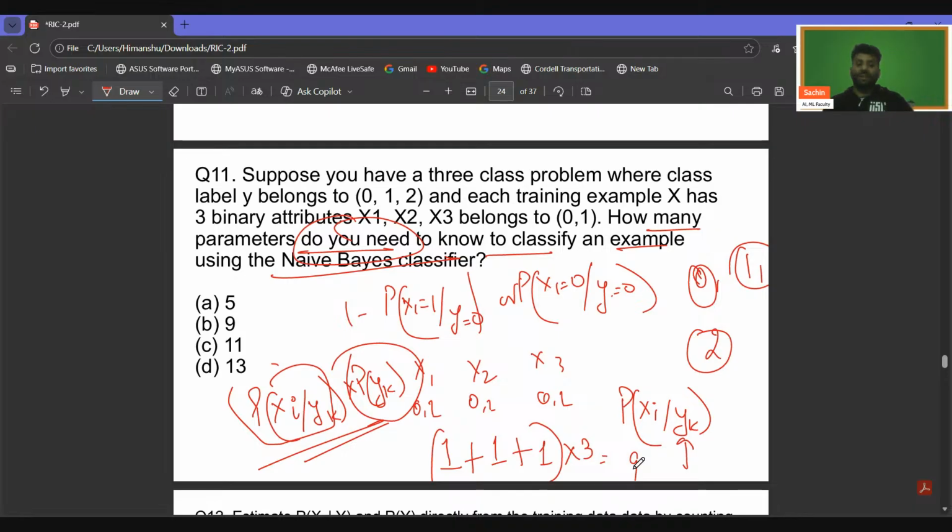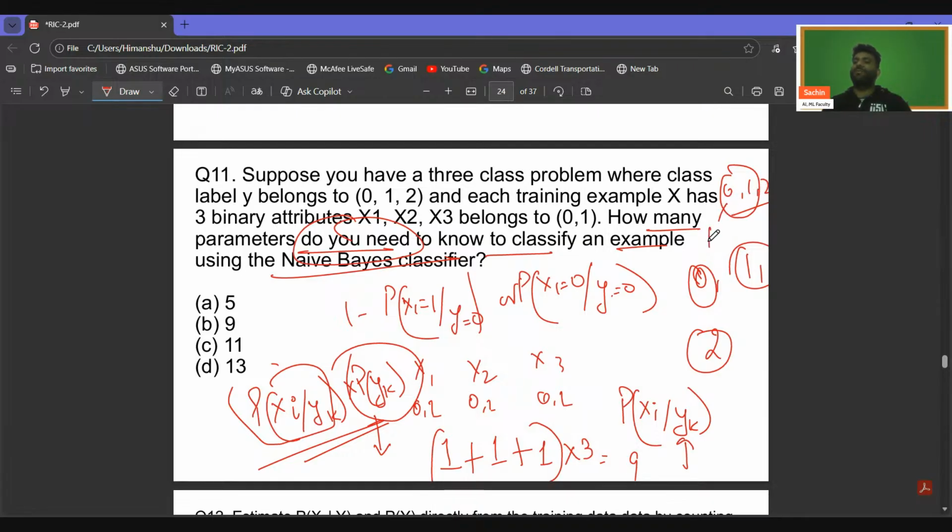Now what's next? Again, very important. We got this 9. Once I know this is 9, is it done or do we need some more parameters? If you just look at this, very important, I need this as well. Now what are the different possible values of yk? Y can be 0 or 1 or 2. If I know any two, I can find out the other.